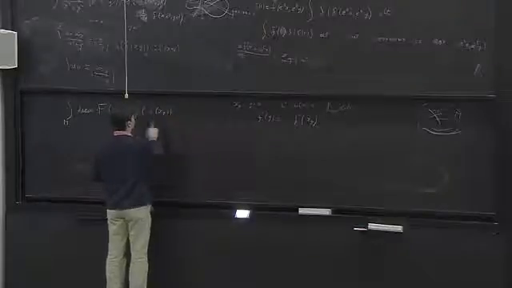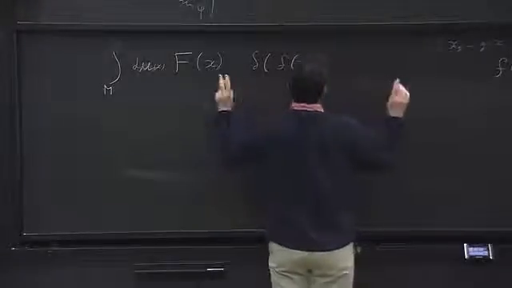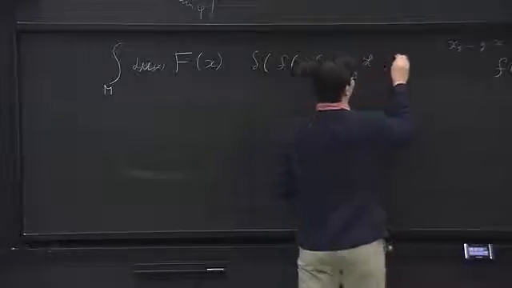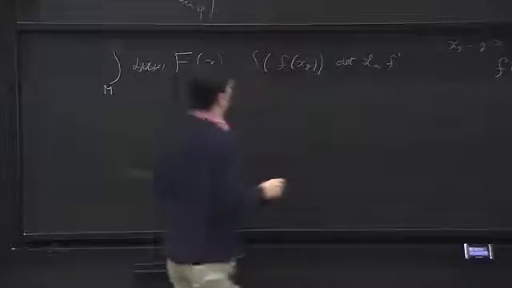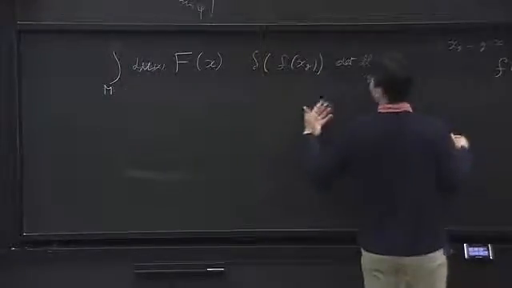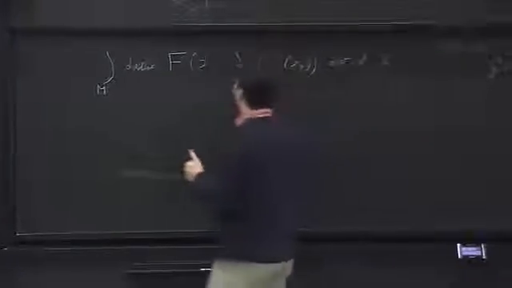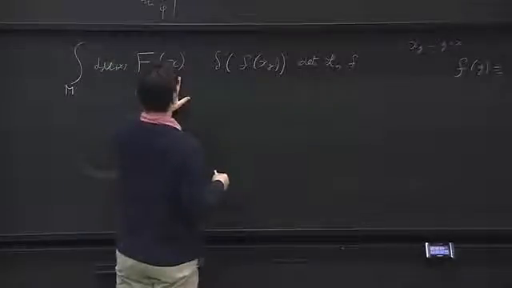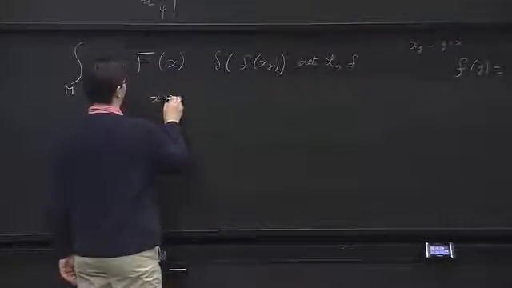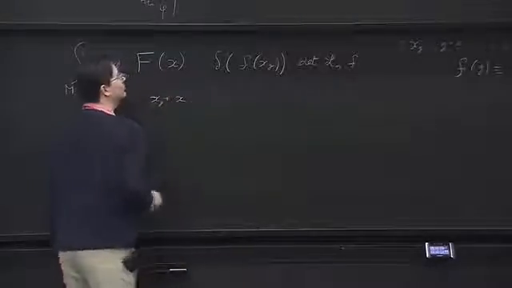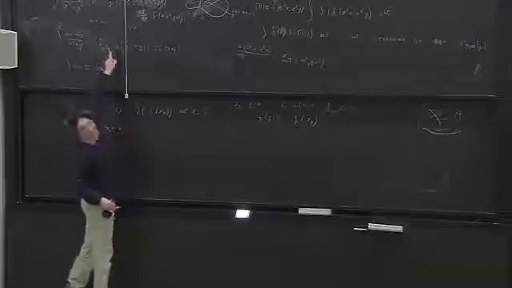So I can insert 1 in this form. And as before, I can now just do a redefinition of x^g to x, like done over there.